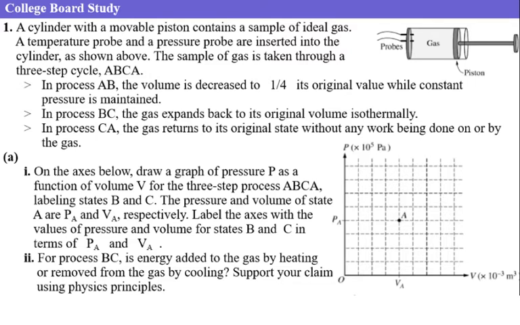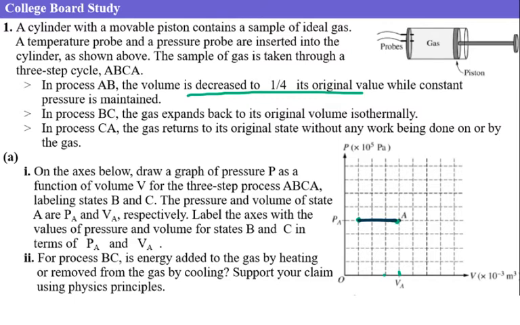So they tell me that the process AB, the volume is decreased to 1/4 of its original. So if I start from A, and there's 1, 2, 3, 4 divisions to get to VA, then it's going to decrease to VA at the constant pressure. So I know it's going to be this part.